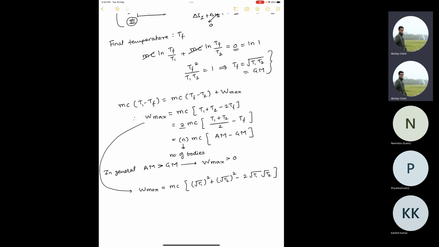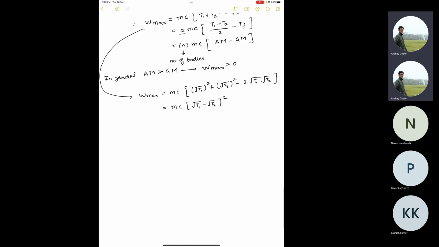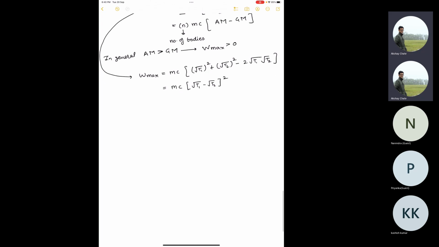I have just written TF as root T1 and root T2, and the T1 plus T2 terms in terms of their square roots. Why? Then it becomes the A minus B whole squared formula, right? So it becomes MC(root T1 minus root T2) squared. This is a nice expression. Maybe you can remember it if possible.